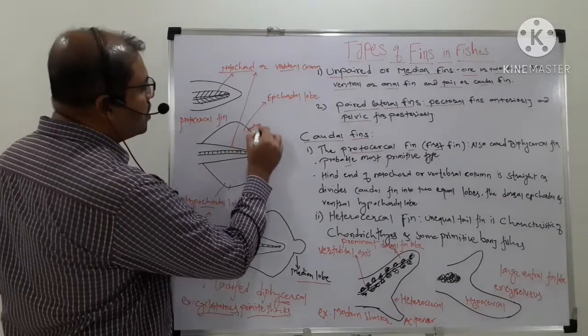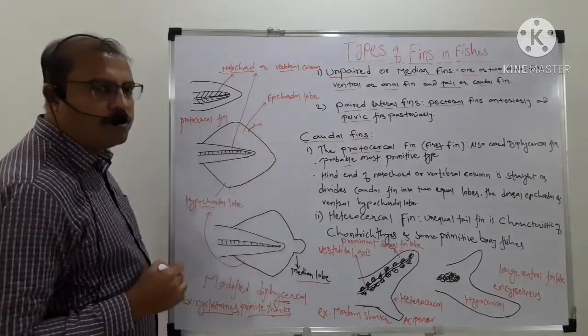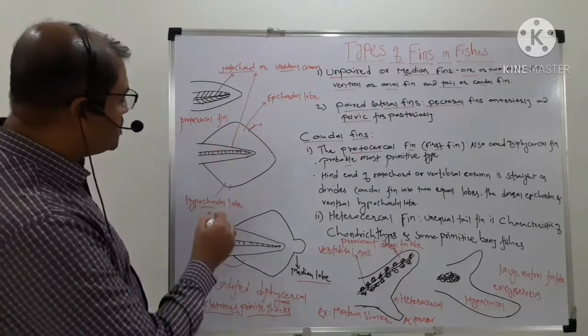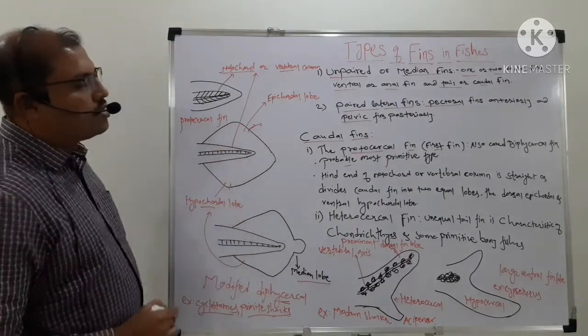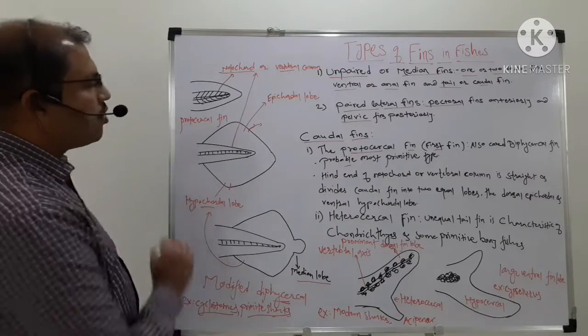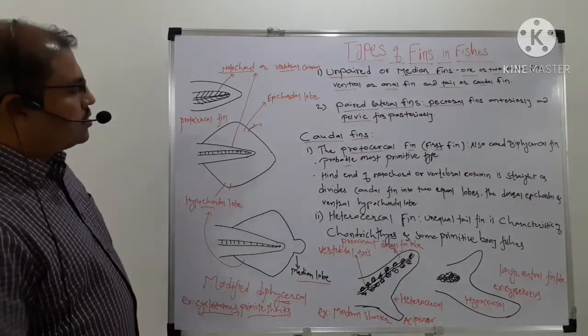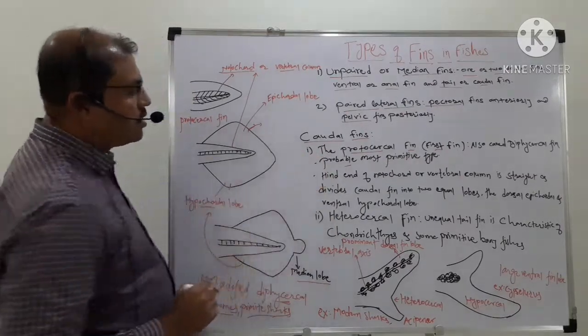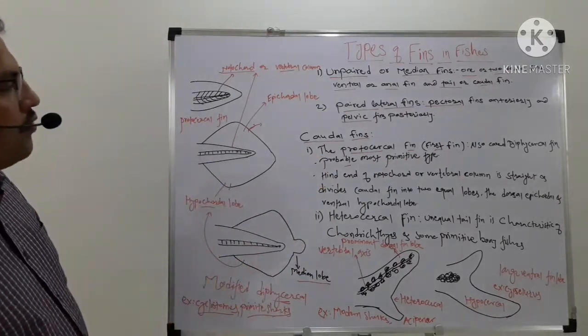The anterior lobe of this caudal fin is called the epicaudal lobe, and the ventral lobe is called the hypocaudal lobe. So in this caudal fin there are different types.